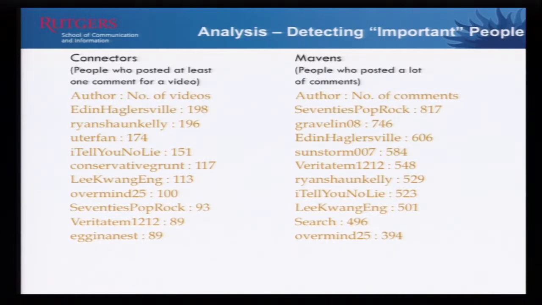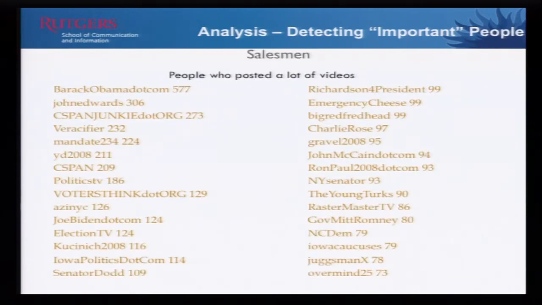There is some commonality between these authors. And salesmen are people who are posting a lot of things. You can see BarackObama.com was really at the top in this salesman list. And I do see JohnMcCain.com is somewhere down the list.